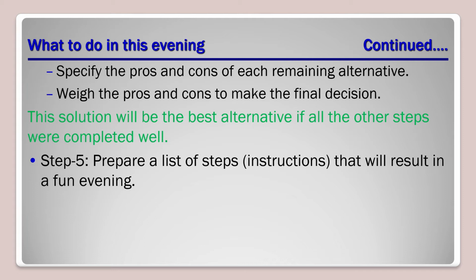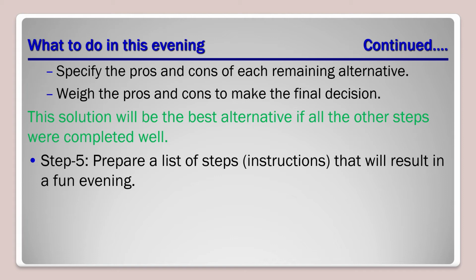Number one step, under step 5, what you will write as an instruction: what movie you are going to watch. Number 2, what will be the mode of transportation. Number 3, who will coordinate the movie tickets. Number 4, who will arrange transport.